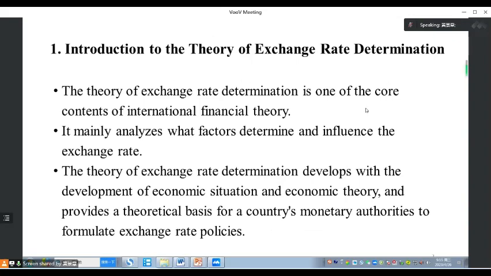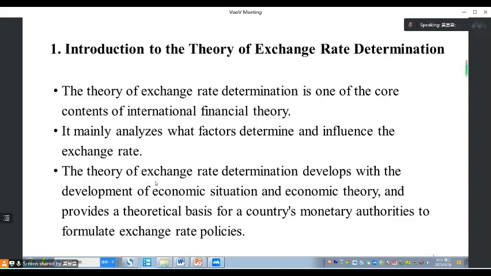1. Introduction to a theory of exchange rate determination. The theory of exchange rate determination is one of the core contents of international financial theory. It mainly analyzes what factors determine and influence the exchange rate.